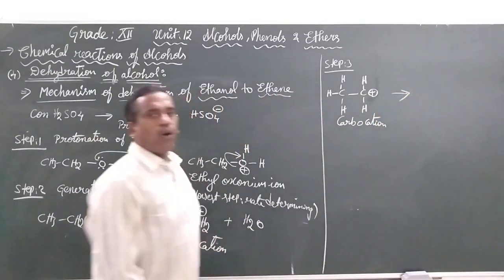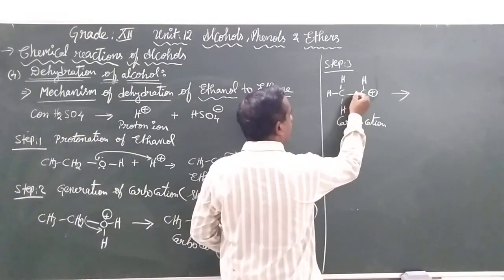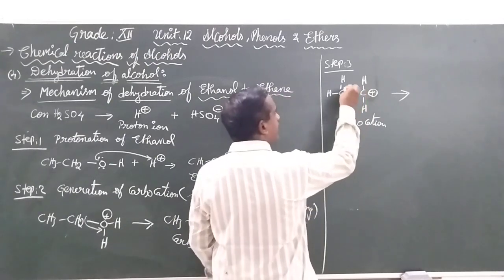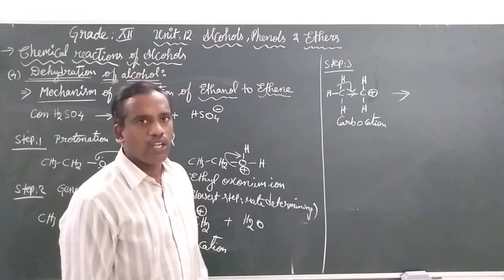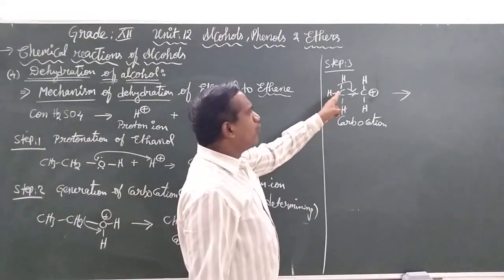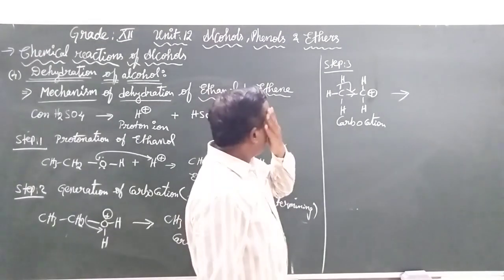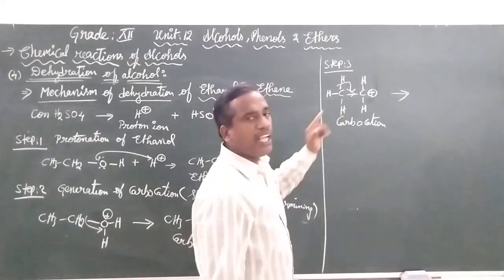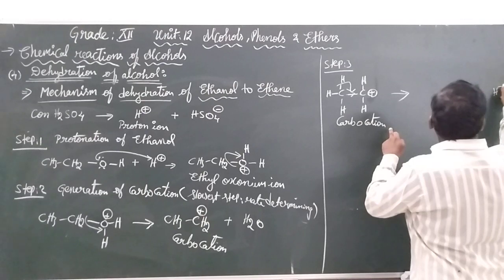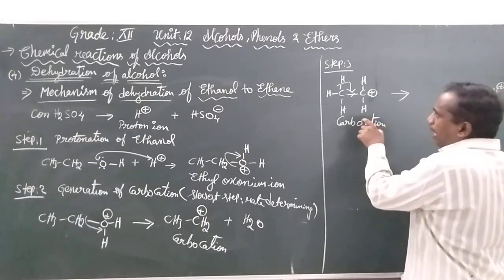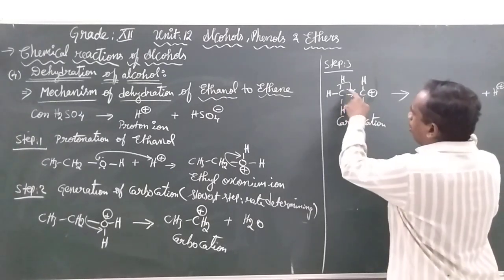Now the positively charged carbon withdraws electrons from the nearest carbon, and in return that carbon withdraws electrons from a hydrogen. The H plus is removed from any of the 3 hydrogens of this carbocation, generating a new double bond.